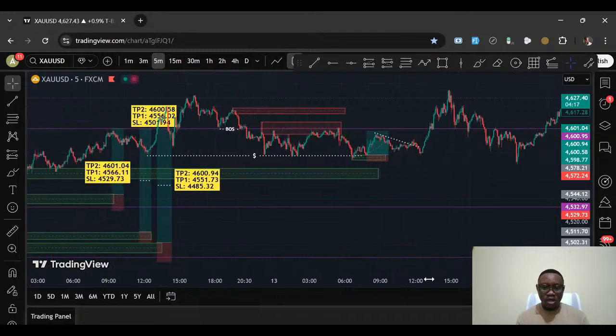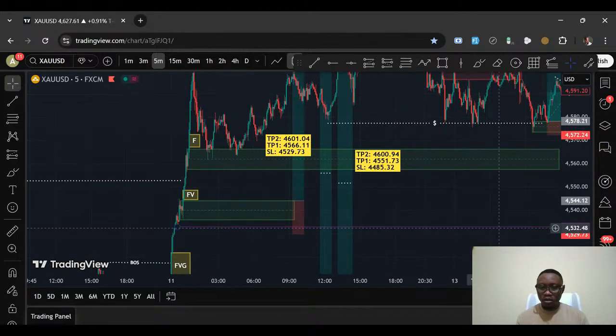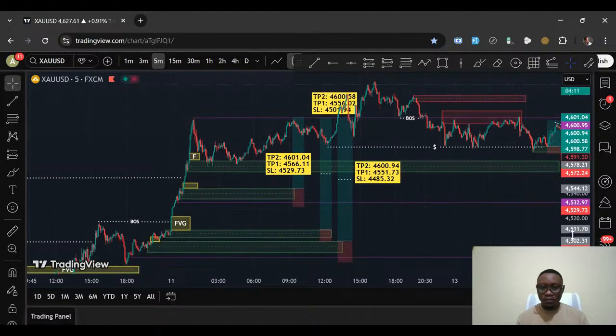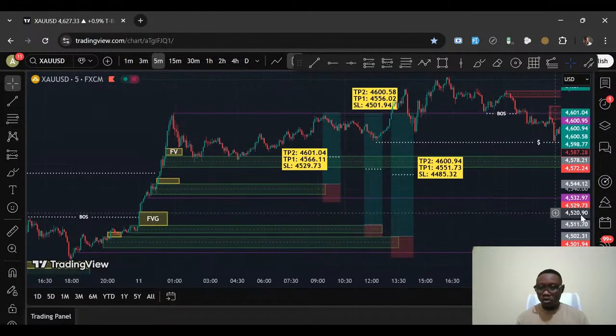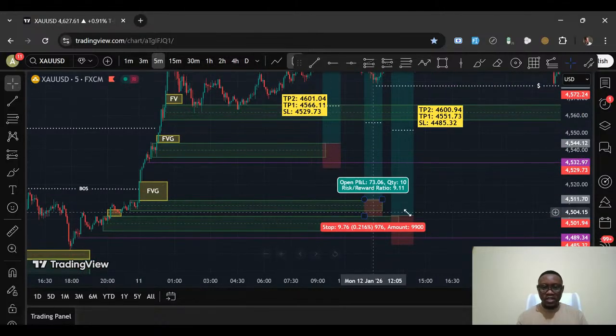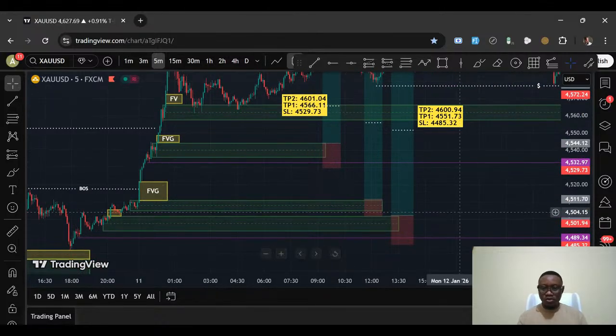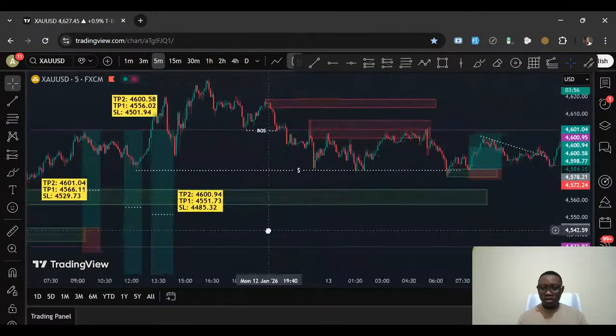We were able to mark out the following order block zones, but unfortunately, price didn't get to these zones.